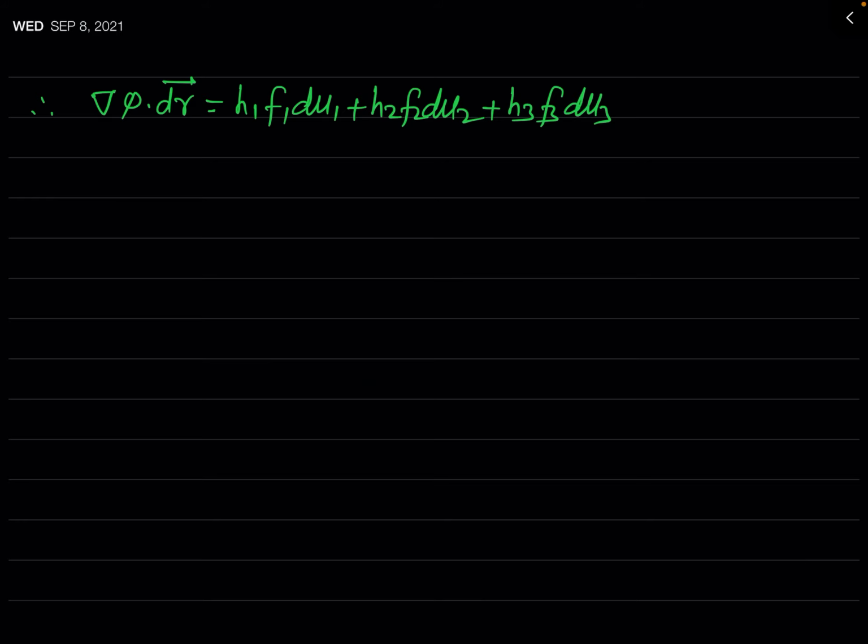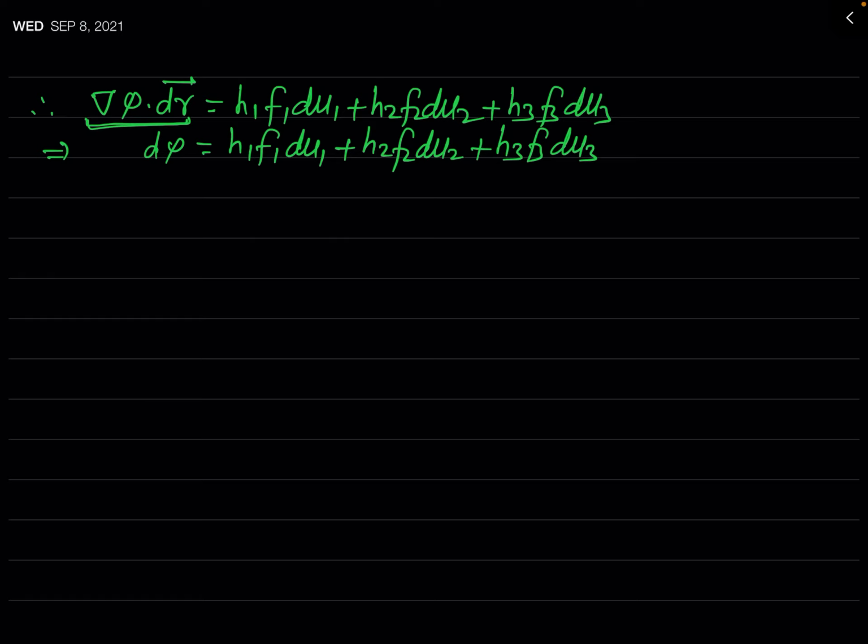But we know this ∇φ dot dr is equal to what? This is simply dφ. This is the differential change in φ. So since ∇φ dot dr is equal to dφ, this dφ is equal to h1 f1 du1 plus h2 f2 du2 plus h3 f3 du3.